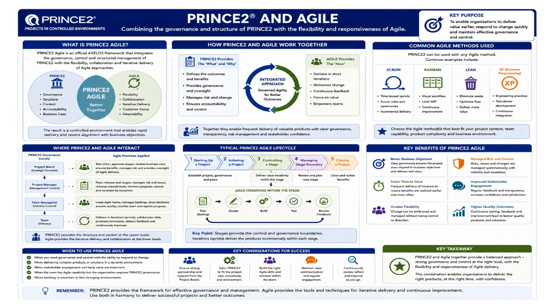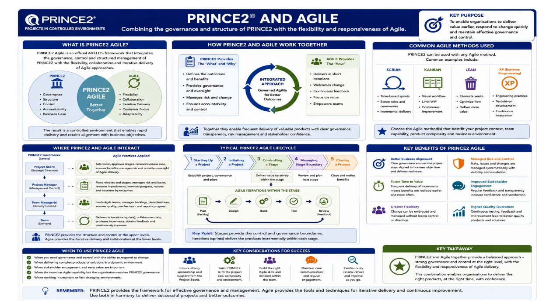The slide also identifies important key considerations for success. These include strong leadership support, tailoring PRINCE2 appropriately, building the right Agile mindset, maintaining communication, and continuously reviewing and improving delivery practices.